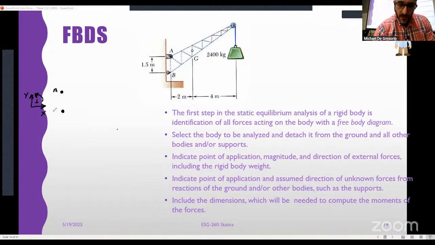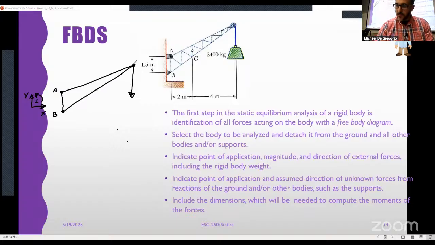Call this A and B. If we're going to draw this system, we'll do our best here. Go up to the pulley. There's a weight hanging from the pulley. Right, this kind of converges up there. Here's our center of gravity, point G, right?